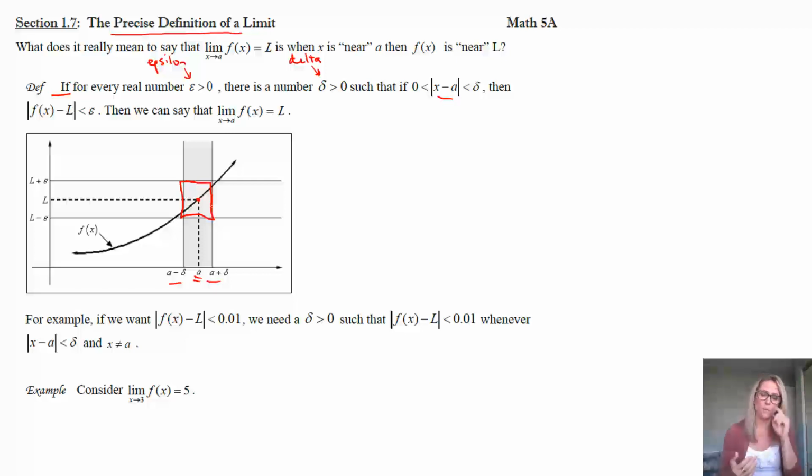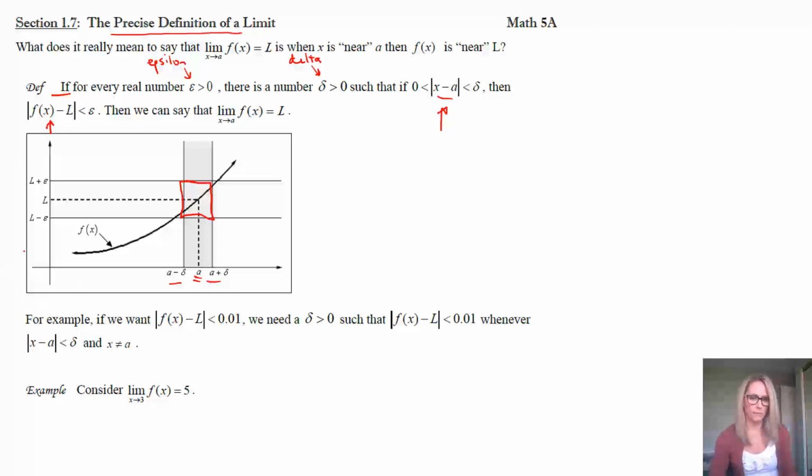We're using the idea of absolute value because epsilon and delta are both positive numbers, and we're in either direction from a, and we're in either direction from L. And so those differences here and here could be positive or negative. So we'll use the absolute value to denote the distance, which is positive.